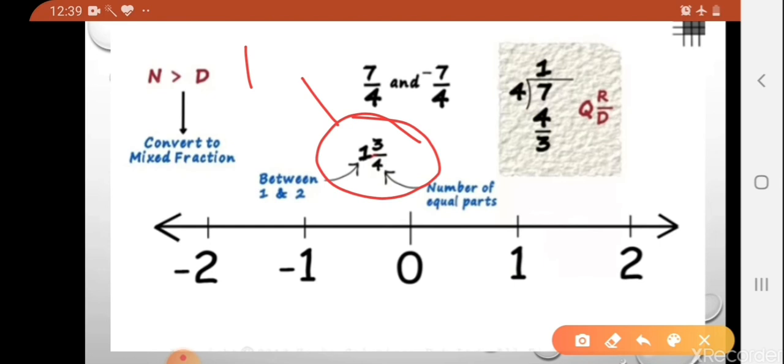So it will lie between 1 and 2. I have drawn a number line, written till minus 2 on the left hand side and till 2 on the right hand side, because the rational number will lie between 1 and 2.